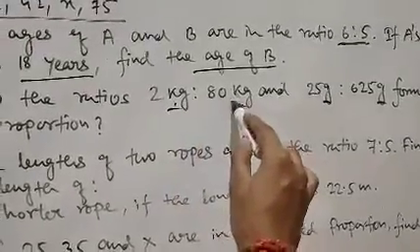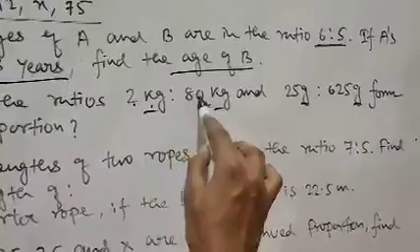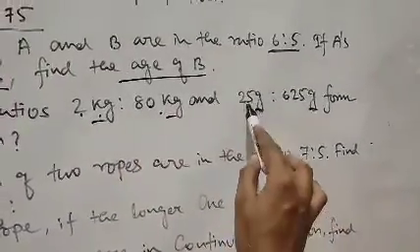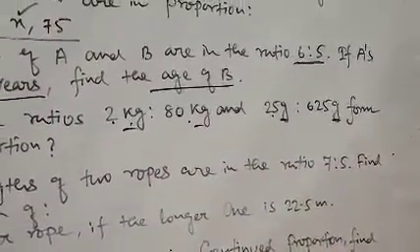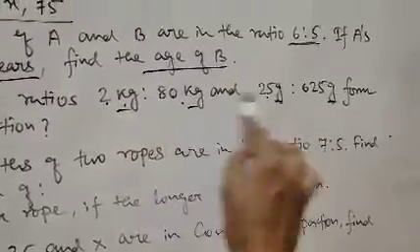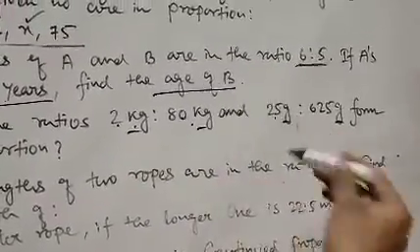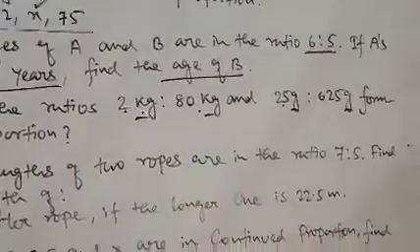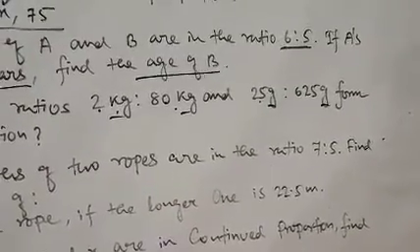2 kg, 80 kg: we have to find out first the ratio of 2 kg and 80 kg, then we will find the ratio of 25 gram and 625 gram, and we will check whether both these ratios are equal or not. If both ratios are equal, then they will form a proportion, and if they are not equal, they will not form a proportion.